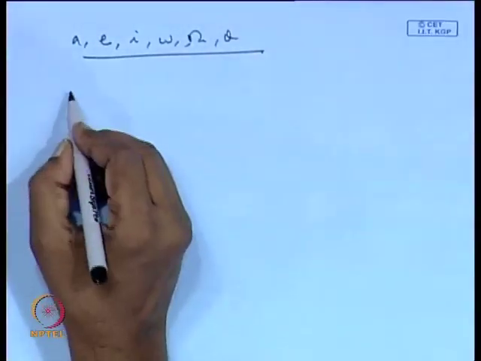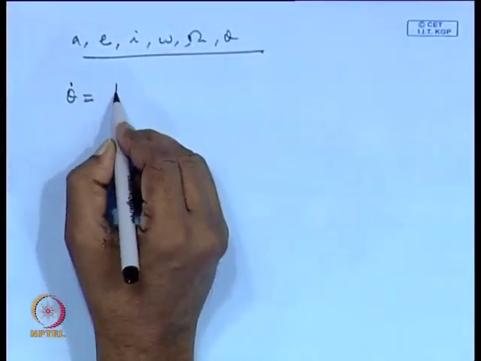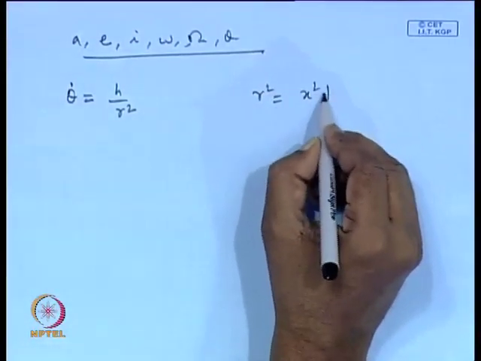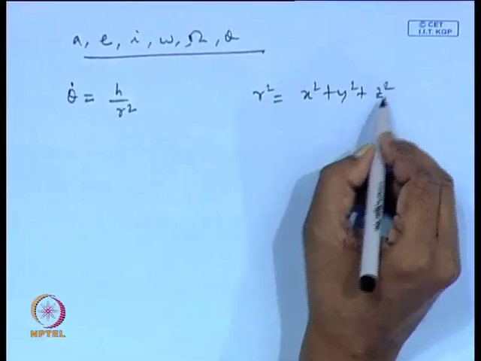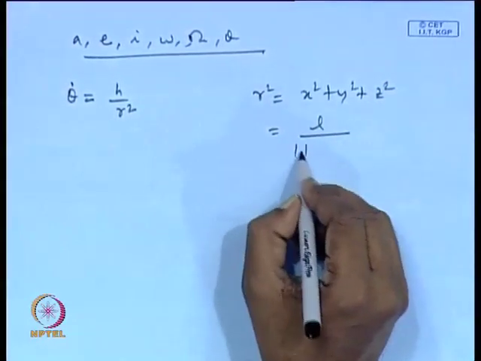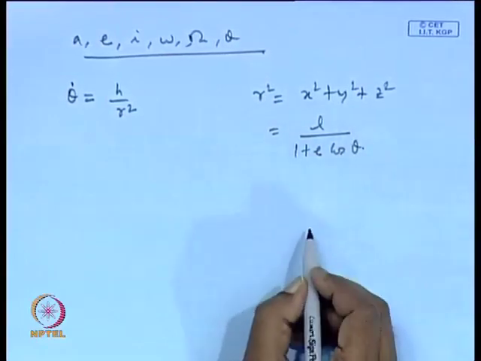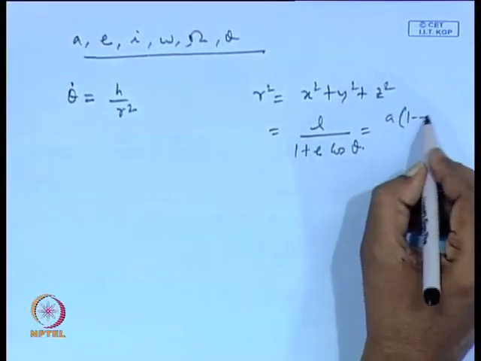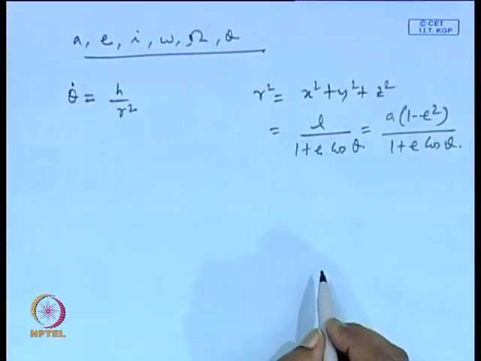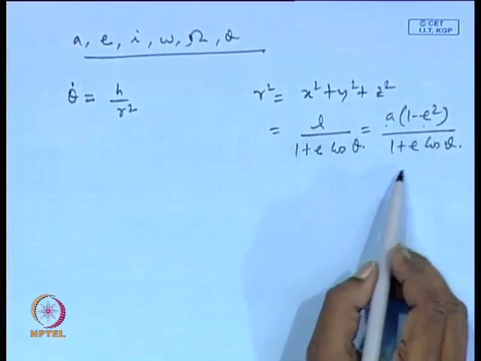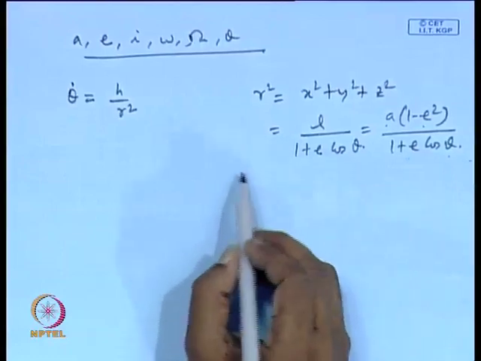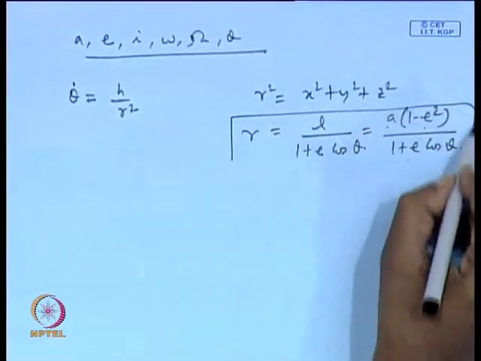Theta dot we know is equal to h by r square, and r square is nothing but x square plus y square plus z square, which we have also written as L by 1 plus e cos theta, and L is nothing but a times 1 minus e square by 1 plus e cos theta. So, A is known, E is known, theta is known, therefore r can be calculated.